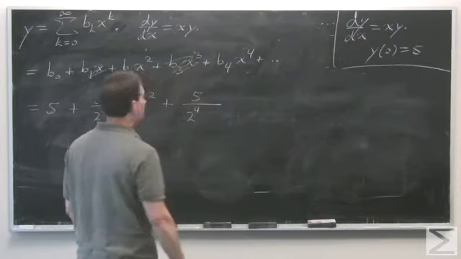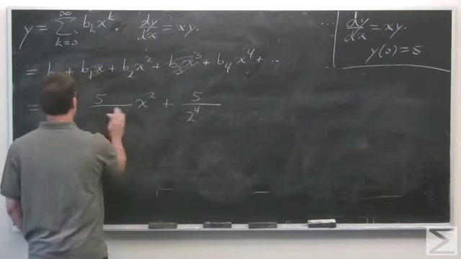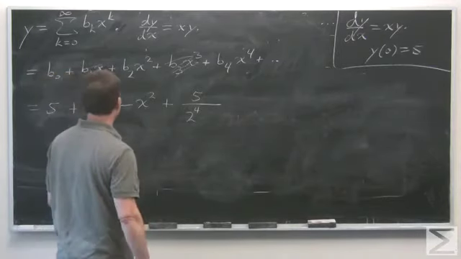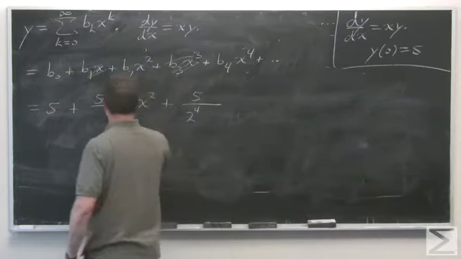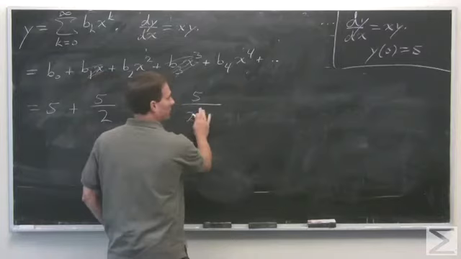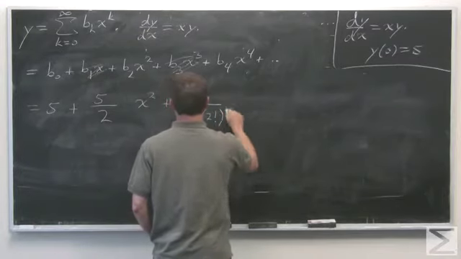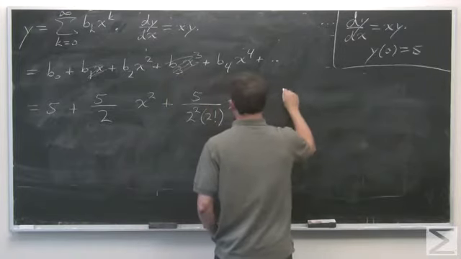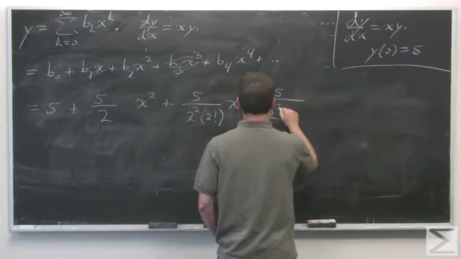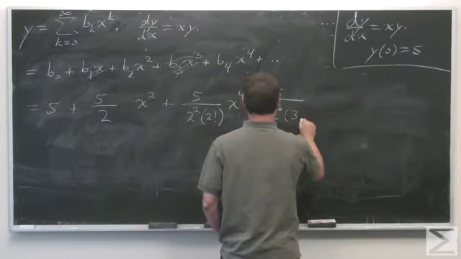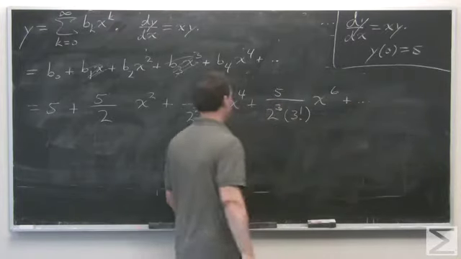Did I just mess up? I did just mess up. Sorry, let's try that again. The b sub 2 term, I looked at the b sub 4 term, is 5 halves. The b sub 4 term is 5 over 2 squared times 2 factorial. The b sub 6 term would be this, and so on.